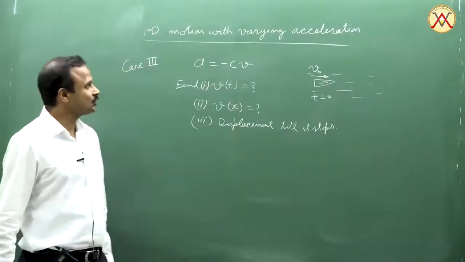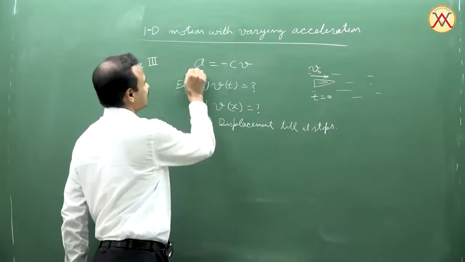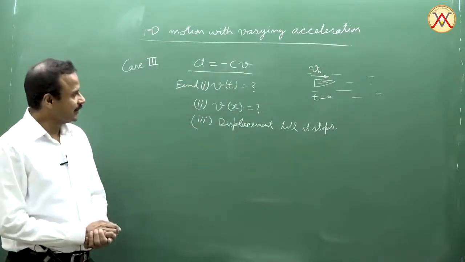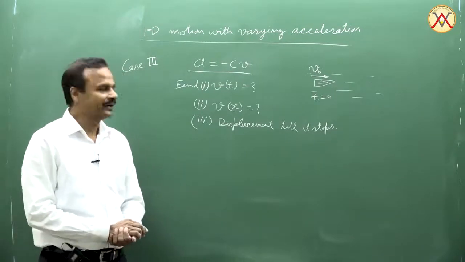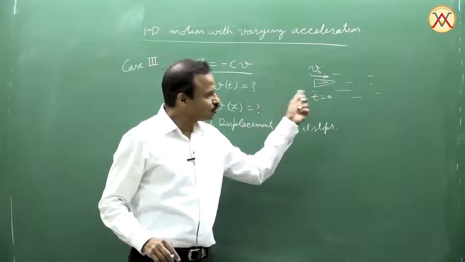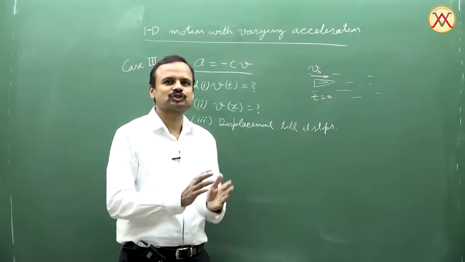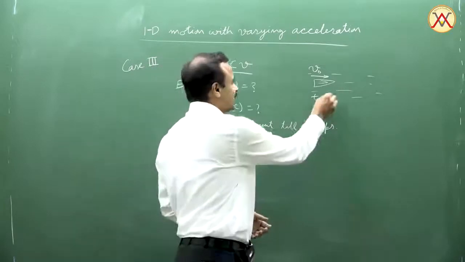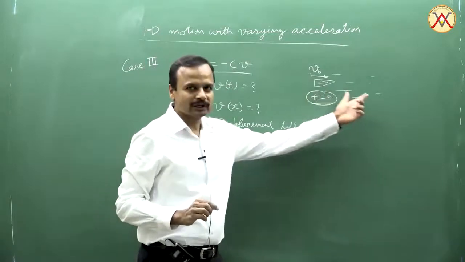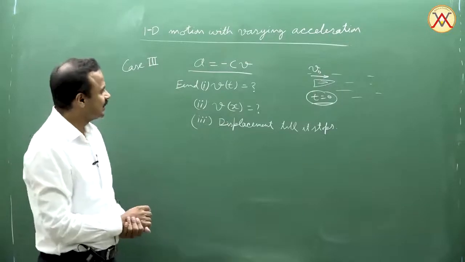In the third case of motion with varying acceleration, we may be given acceleration as a function of velocity. Let's understand this case with the help of one example in which a motorboat which was moving with a velocity v0, its engine is stopped at the moment t equal to 0, and once the engine is stopped, it begins to retard due to, you can say, water resistance.